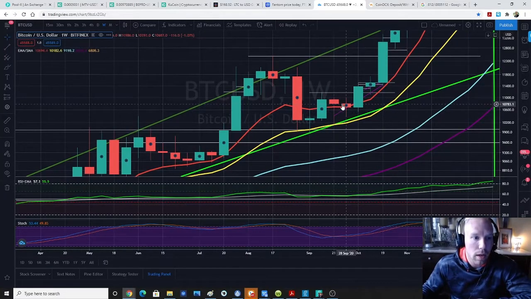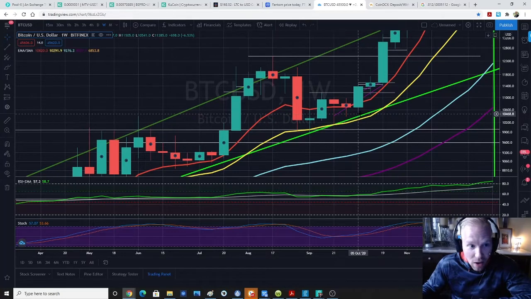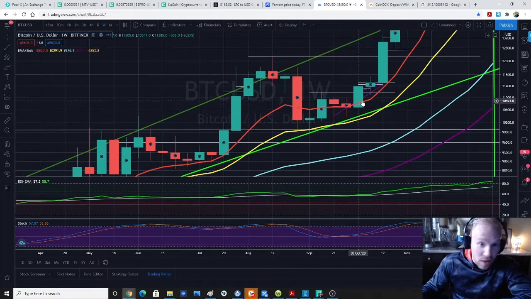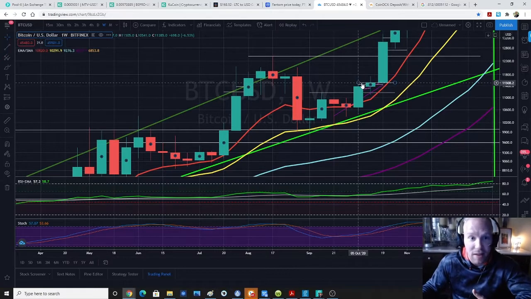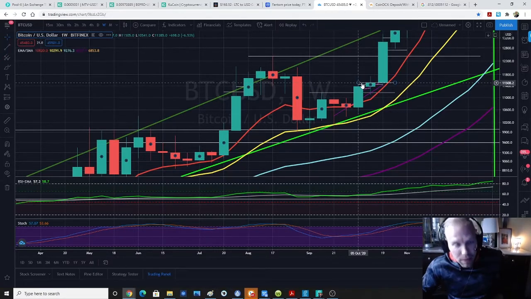So what happened here, if I remember correctly, I saw this and I knew this is going up. I put a long here around 10.6, and it started going up. But what happened was, boom, it crashed down, stopped me out, and I wasn't looking. And then it went straight up to almost 12. Within a matter of hours, it was stupid.